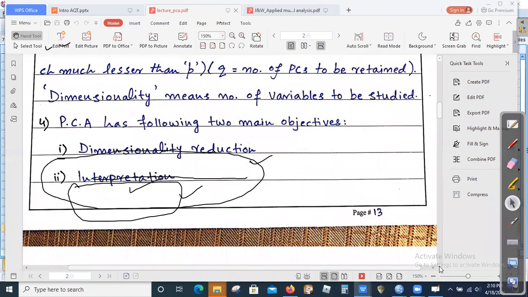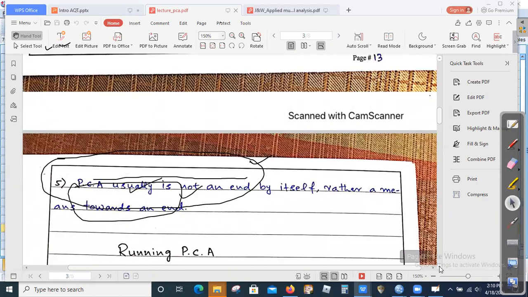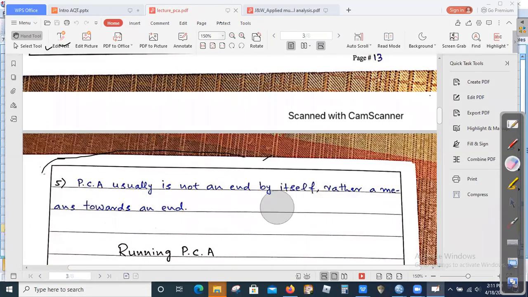Okay, the last thing, before I actually show you how the PCA is run, this thing is also very important. PCA is not an end by itself. Rather, it's a means towards an end. Do you understand what it means? Hello? Yes, absolutely sir.